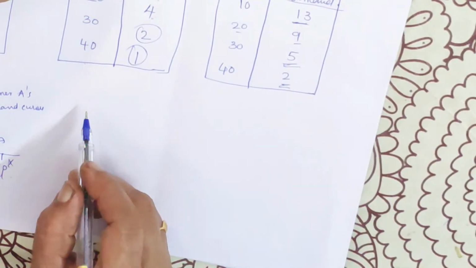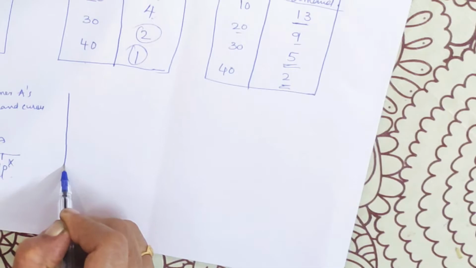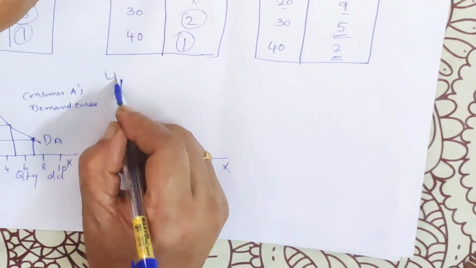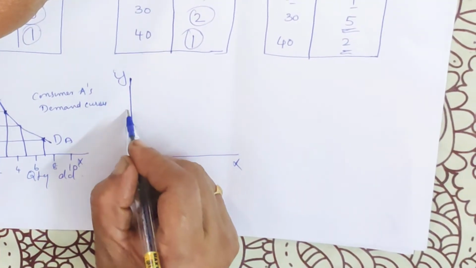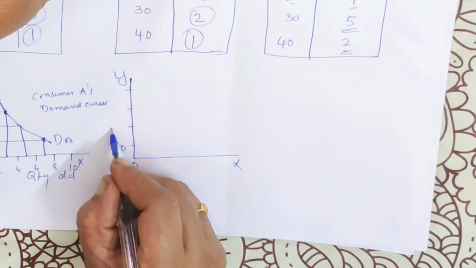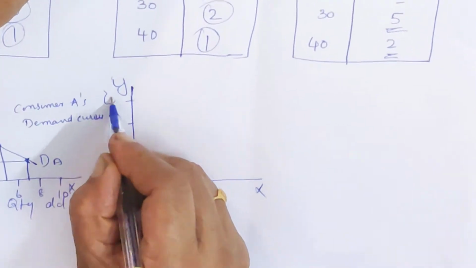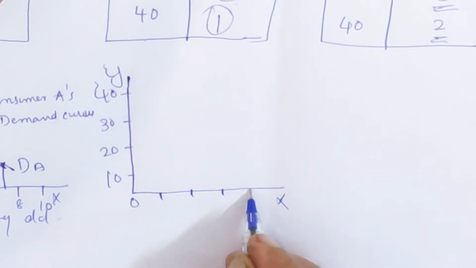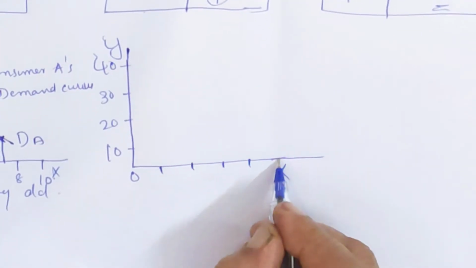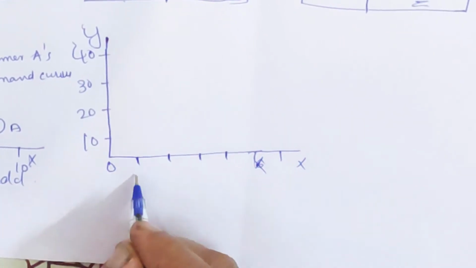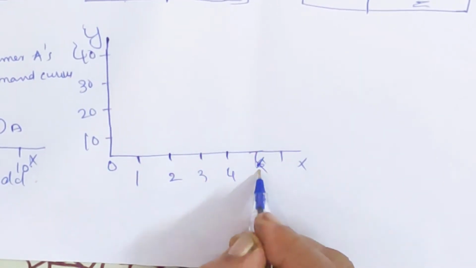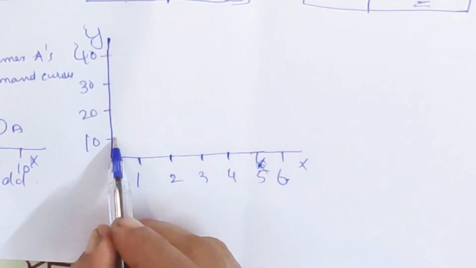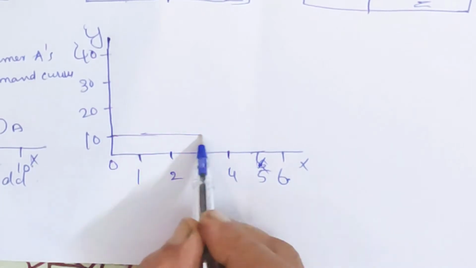Then the demand curve of consumer B. Price 10, 20, 30, 40, and quantity 1, 2, 3, 4, 5, 6. When the price is rupees 10, quantity demanded is equal to 6.